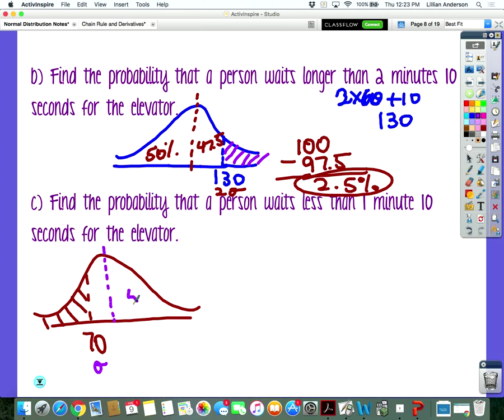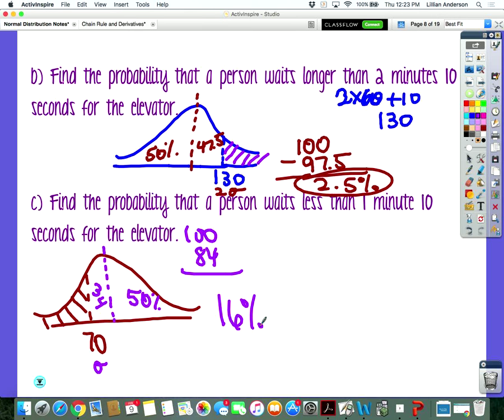If our mean creates 50%, what is that between the mean and one standard deviation? 34. So we can do it the same way: 34 plus 50 is 84. Subtract it from 100, and that's 16%.